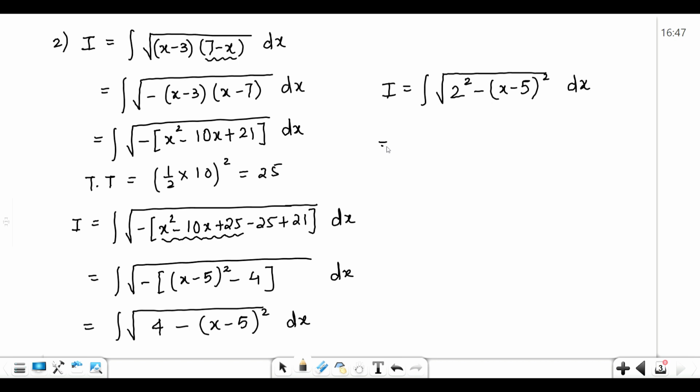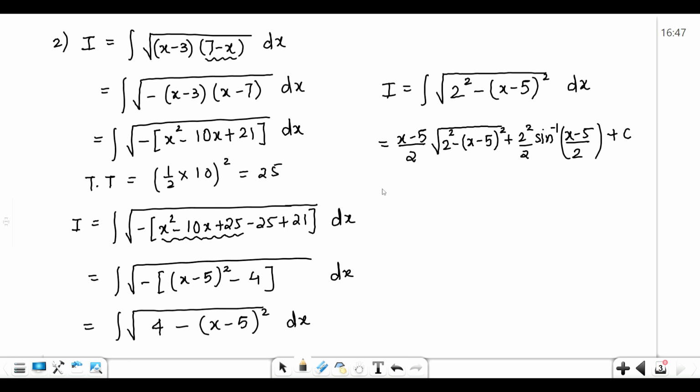The formula is x by 2, that is (x minus 5) upon 2, then the square root of 2 square minus (x minus 5) the whole square, then plus 2 square upon 2 sine inverse of x by a, which is (x minus 5) upon 2.